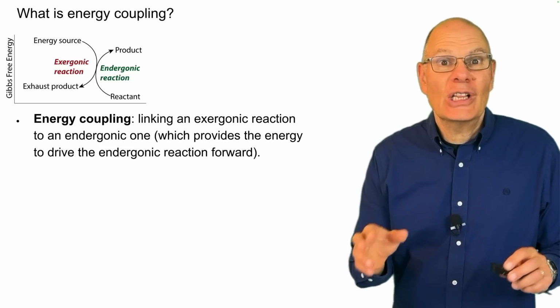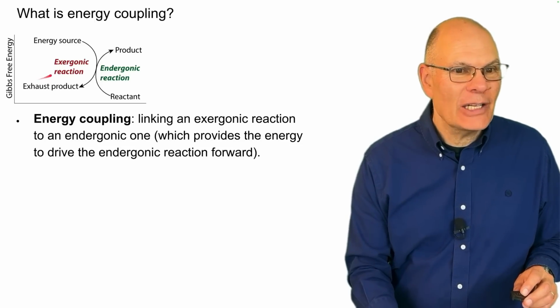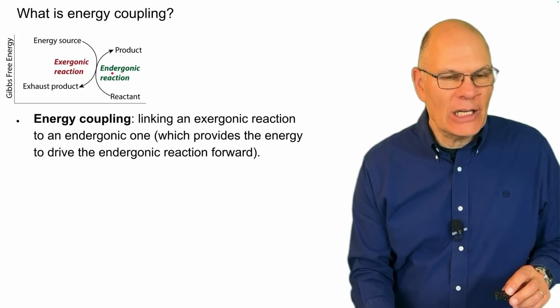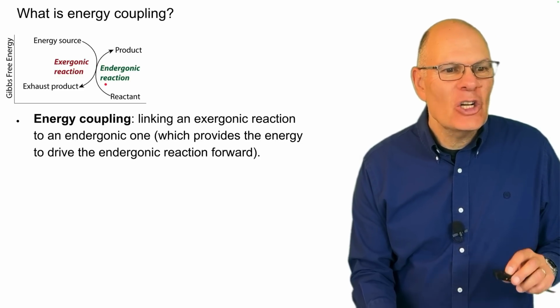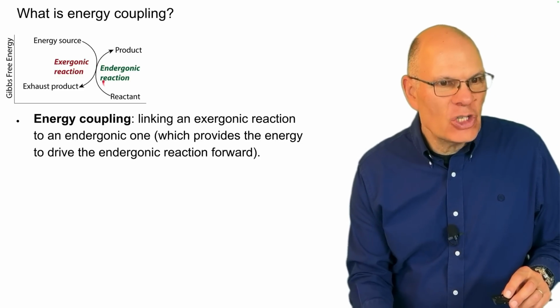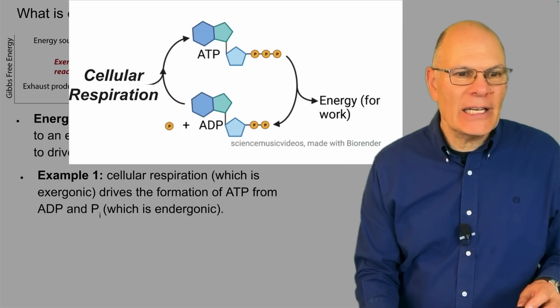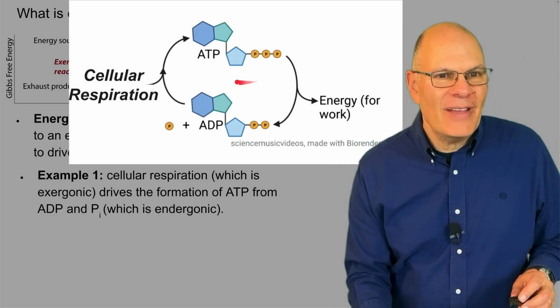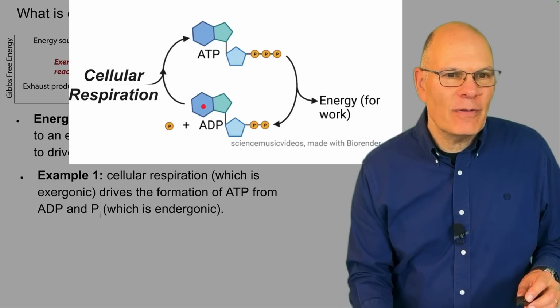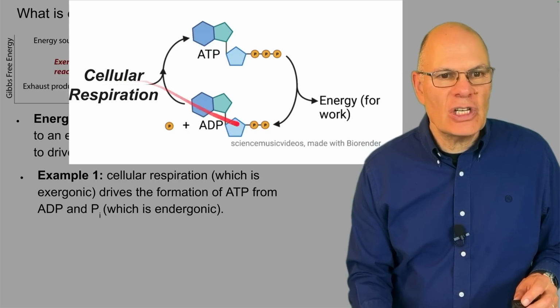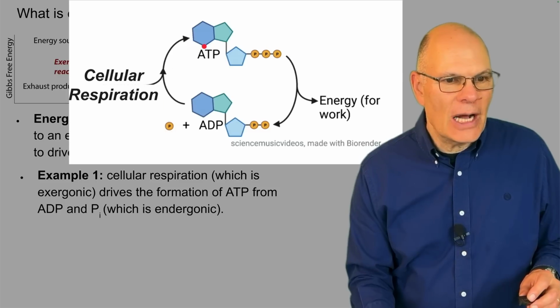Energy coupling is the linking of an exergonic reaction to an endergonic reaction, and that linking drives the endergonic reaction forward. Here's an example. Cellular respiration, which is exergonic, drives the formation of ATP from ADP and phosphate. So this exergonic reaction is driving this endergonic one.